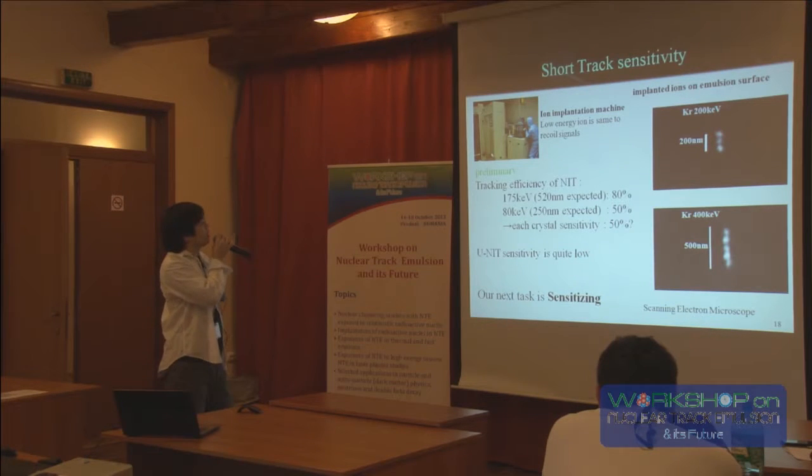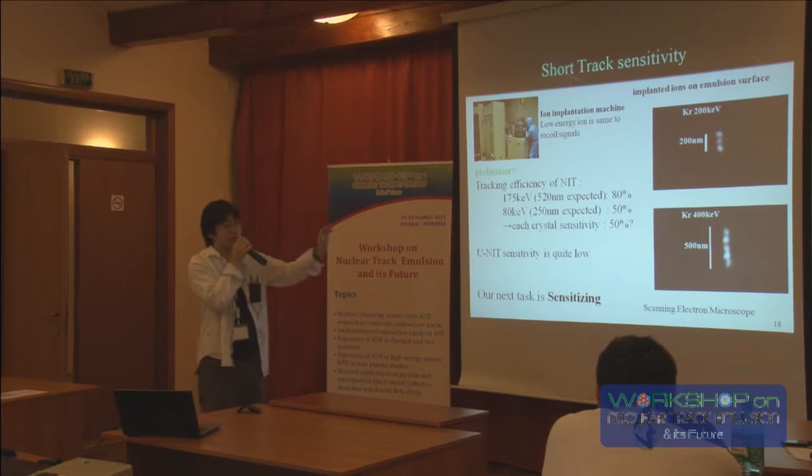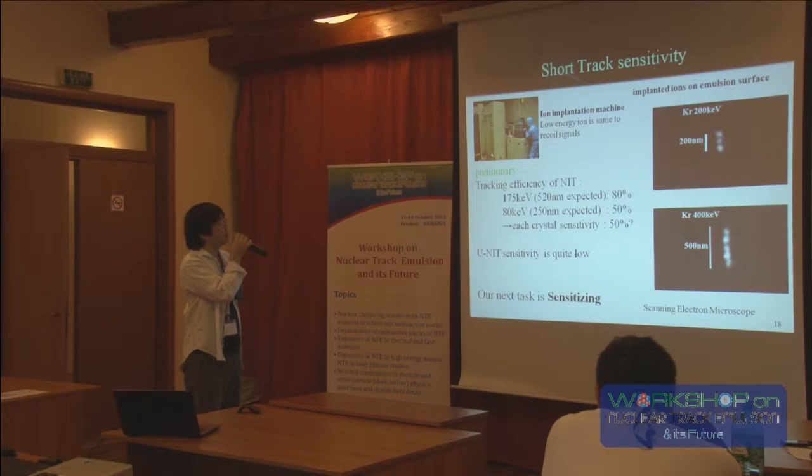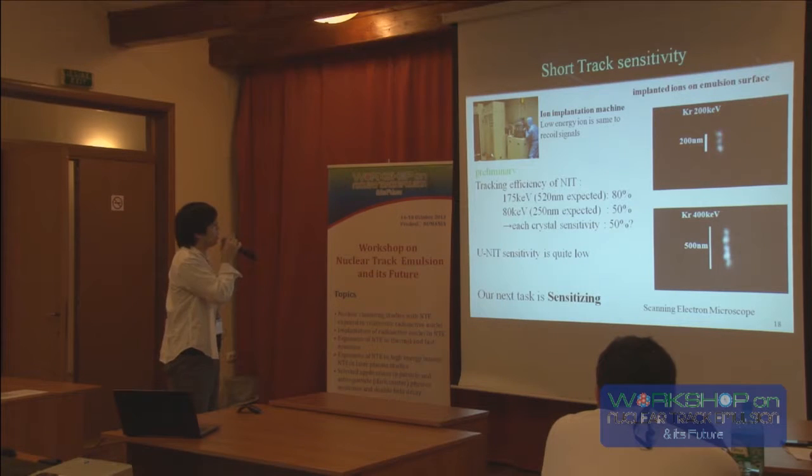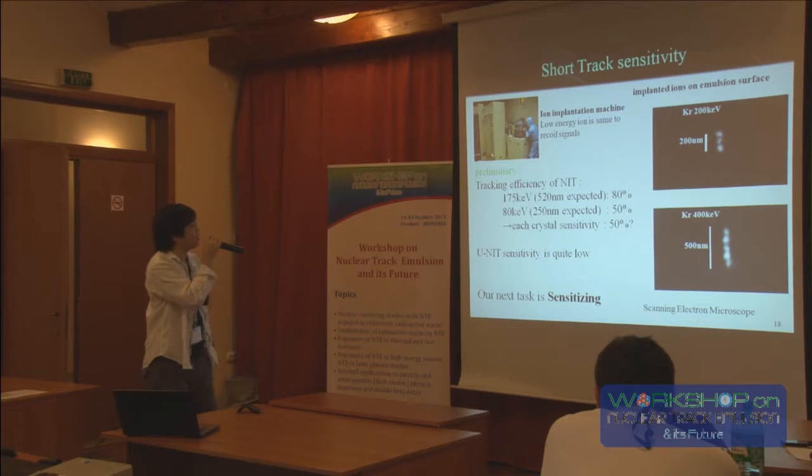This is an image of the implanted ions. The right picture is an image of krypton ions, and it can detect krypton well as tracks. But krypton has a high energy deposit, while carbon has a relatively low energy deposit. So for the tracking efficiency of the NIT, this is a preliminary result, but 50 nanometer carbon tracks are detected at 80%.